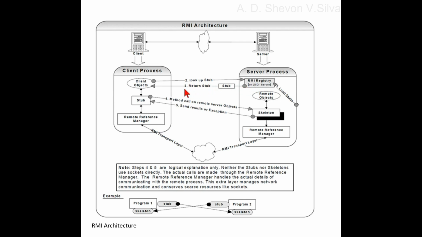Then the stub calls methods on remote server objects via the skeleton, and the skeleton sends results and exceptions to the stub. And here you can see the client and server are connected through a cloud or network.